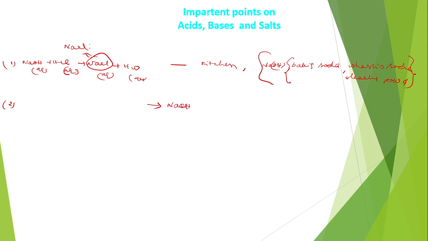So NaOH, how we are preparing. See, here we have told. NaCl is a raw material for making NaOH. That means NaCl we have taken as a reactant.